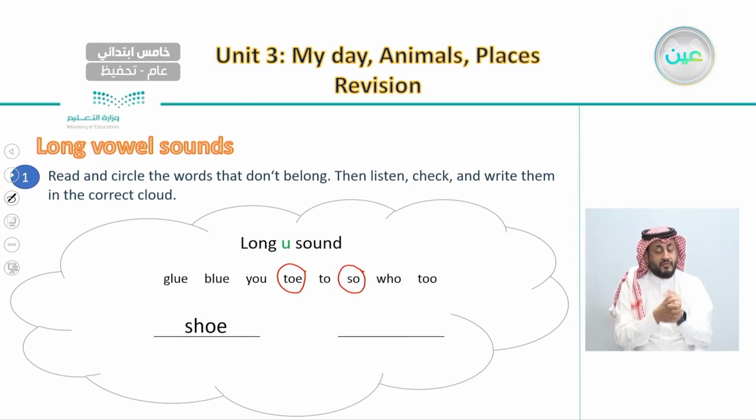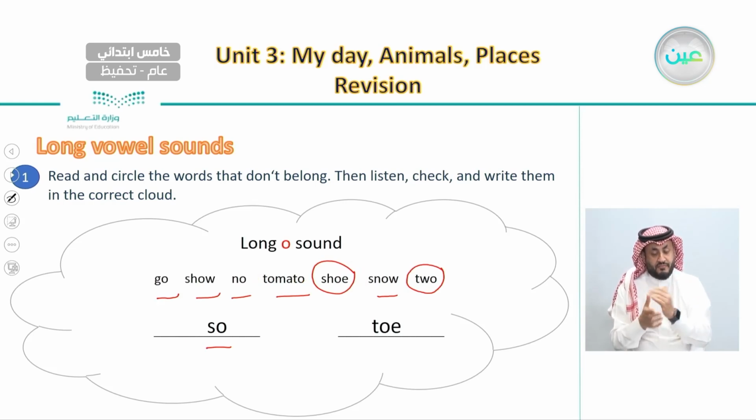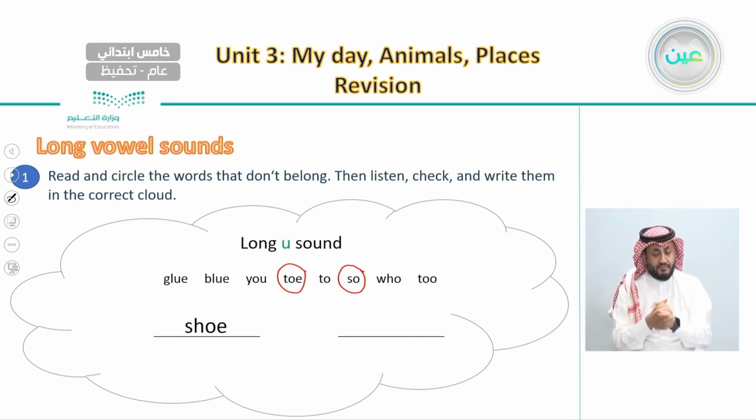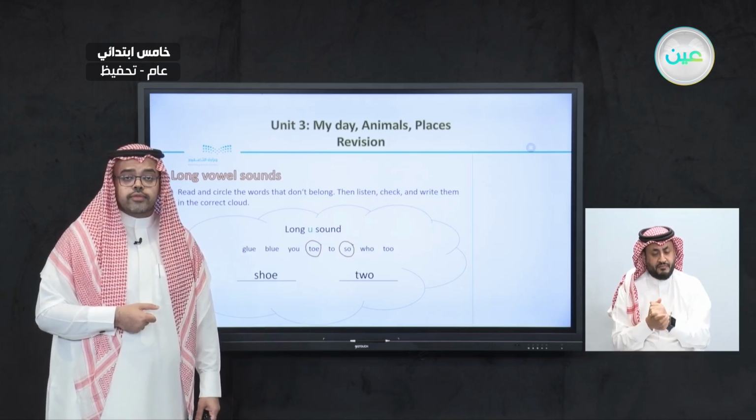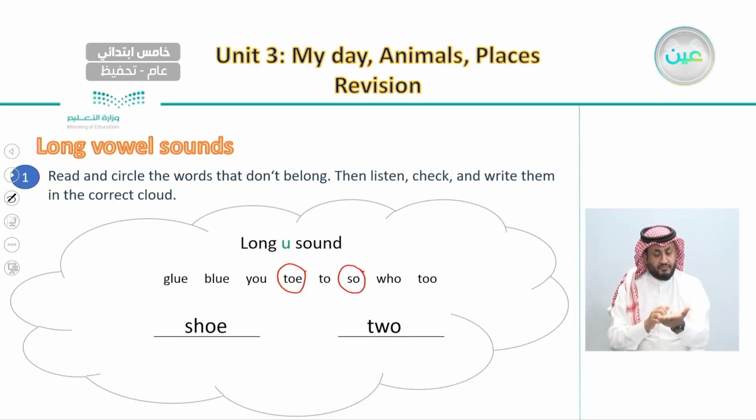We put them with the long O sound. After we circle them, we need to put another word that matches the long U sound, which is to. So let's listen to them from the beginning. Here we have glue, shoe, blue, you, to, who, and to.